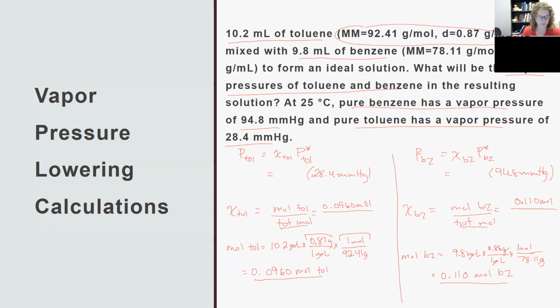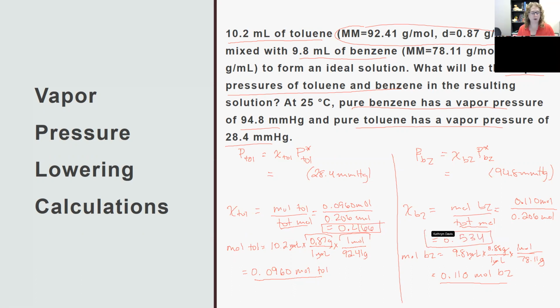And so of course, if I add those two numbers together, you get 0.206 moles total. So those are our mole fractions. If I take 0.096 divided by 0.206, I find that the mole fraction of toluene is 0.466. And then 0.11 divided by 0.206 is 0.534.